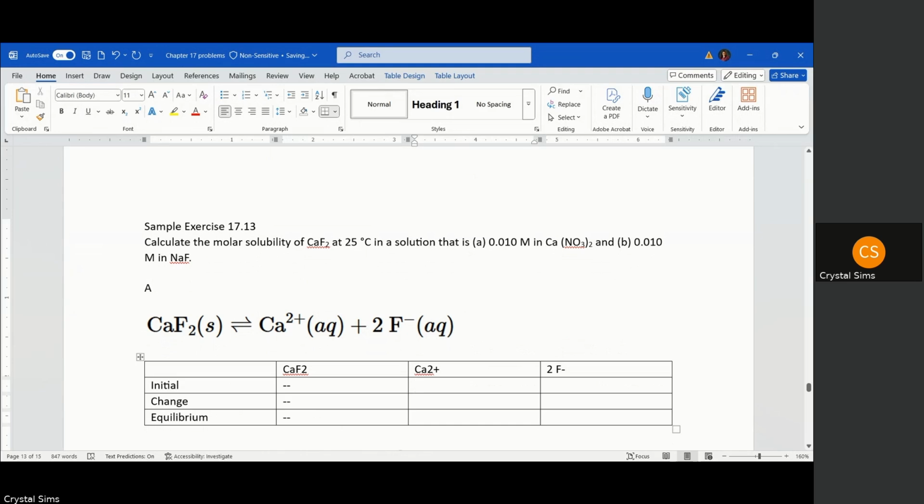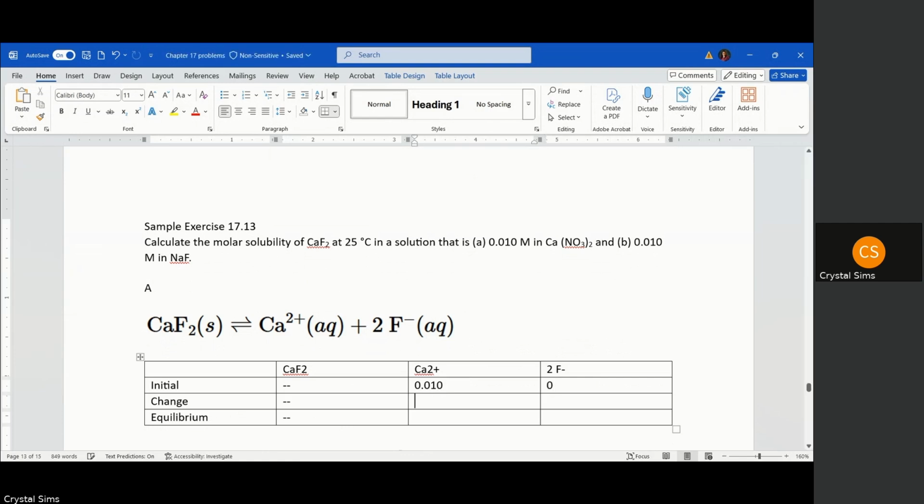We're just going to look at the calcium and the fluoride here. They tell us that for part A here, the solution is 0.010 molar calcium nitrate. So we already have 0.010 moles of the calcium ions already. Okay. And then our fluoride, we don't have any of it yet. It's just 0.